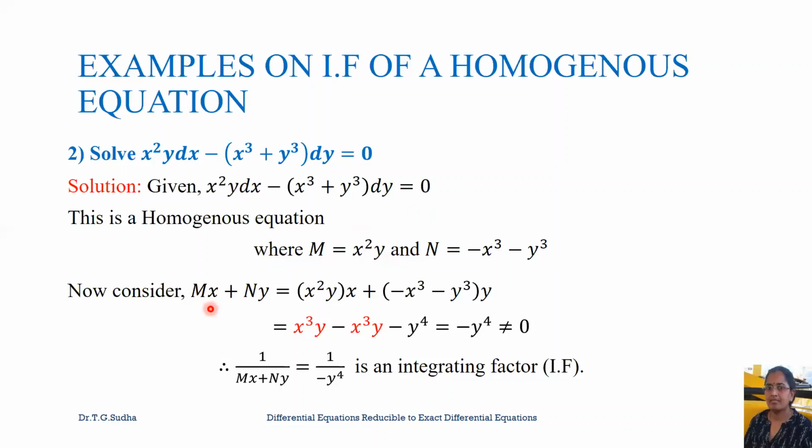Now let us consider Mx + Ny. So we get x²y into x plus (−x³ − y³) into y.